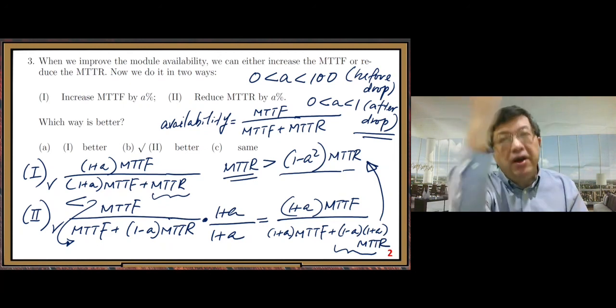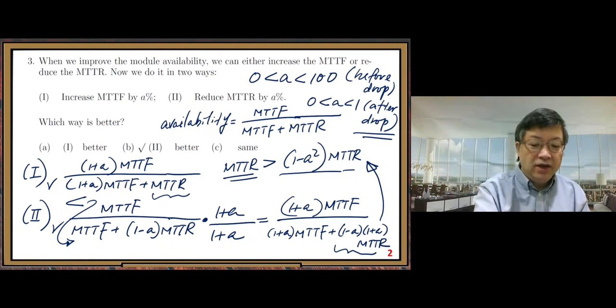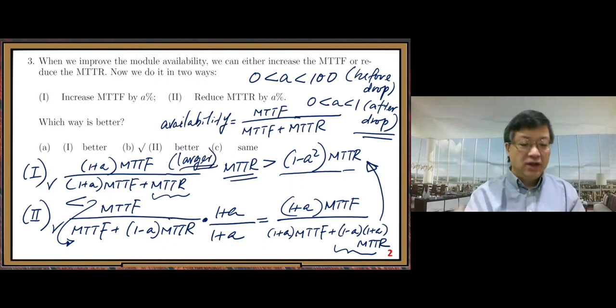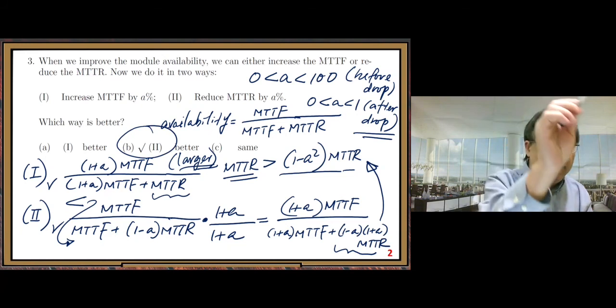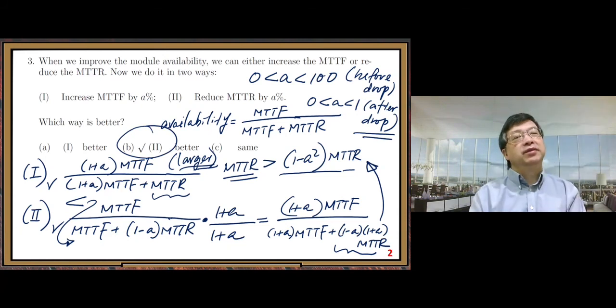The larger the better for the availability, right? Better means larger. So for that reason, we have the answer B, because case 2 is larger.